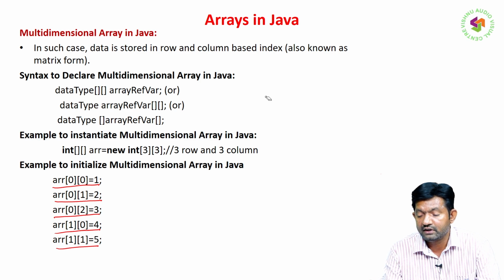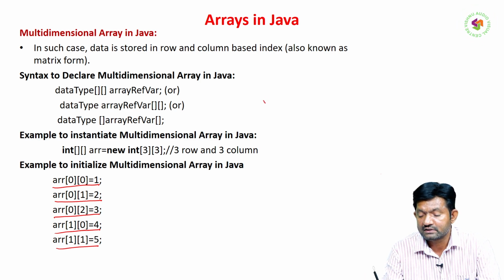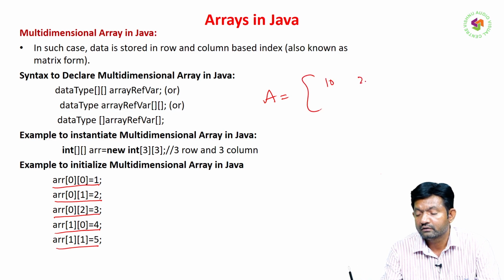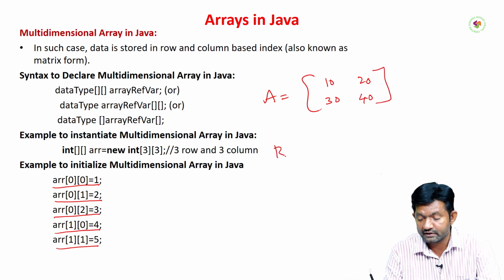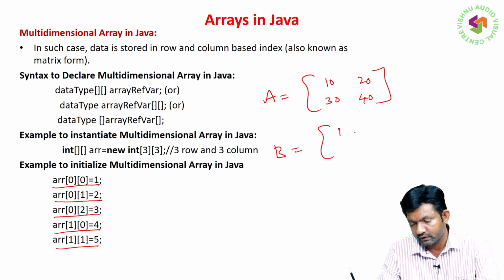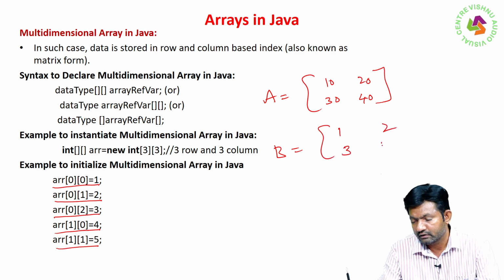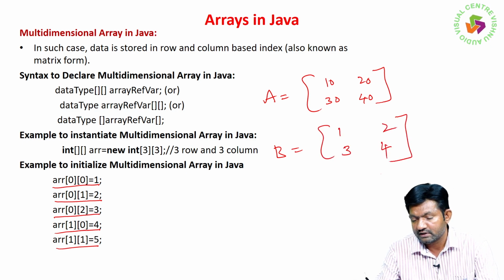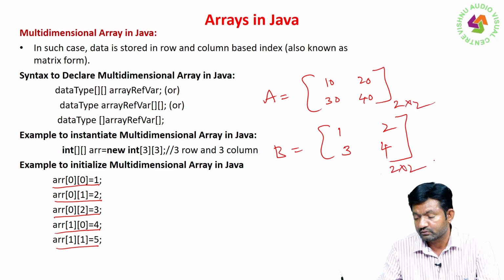Matrix A is equal to 10, 20, 30, 40. B is equal to 1, 2, 3, 4. The size of A is 2 by 2. The size of B is 2 by 2.